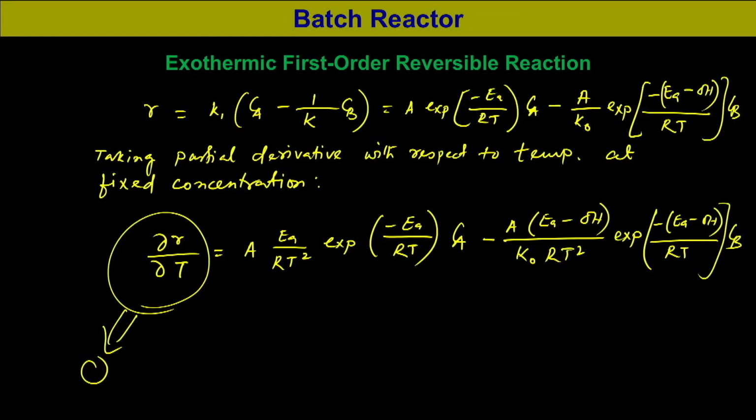Now, if we consider a single reversible exothermic reaction and rate, we know r is equal to k1 Ca minus 1 by capital K Cb, which is equal to A exponential minus Ea by RT into Ca minus A by K naught exponential minus (Ea minus delta H) by RT Cb.